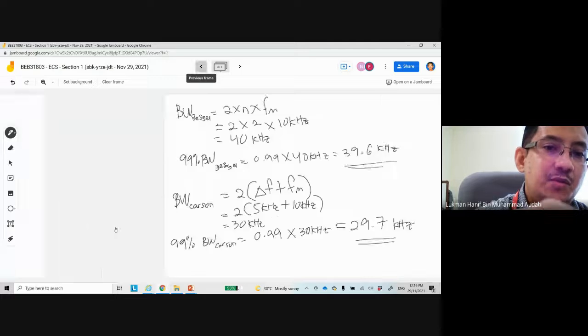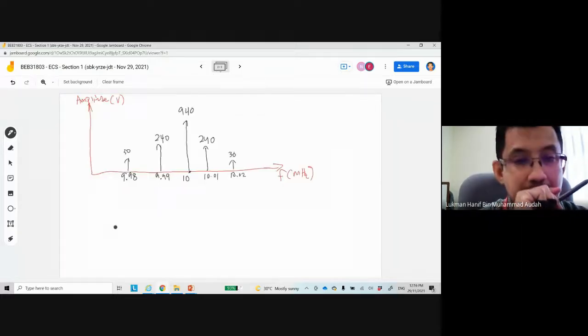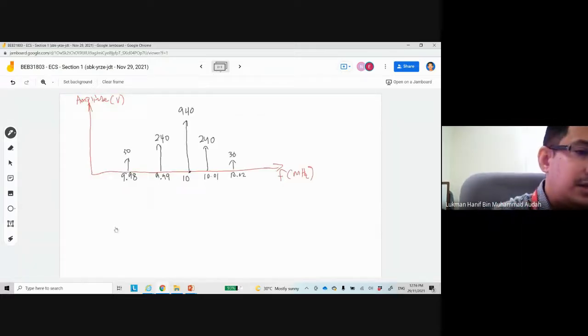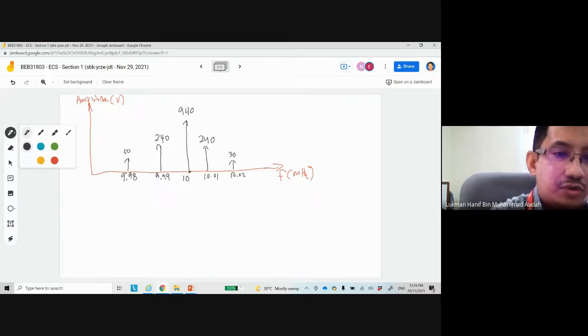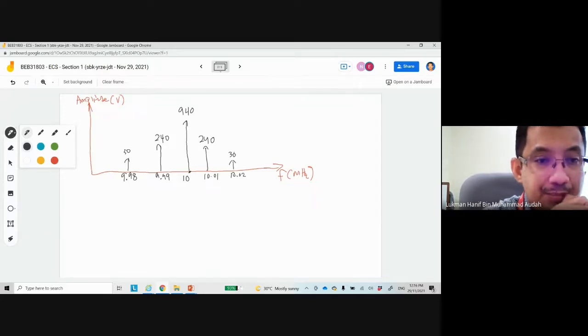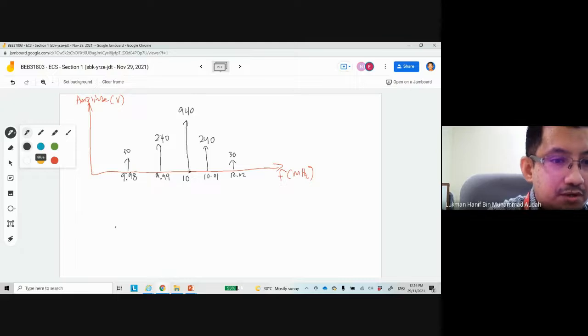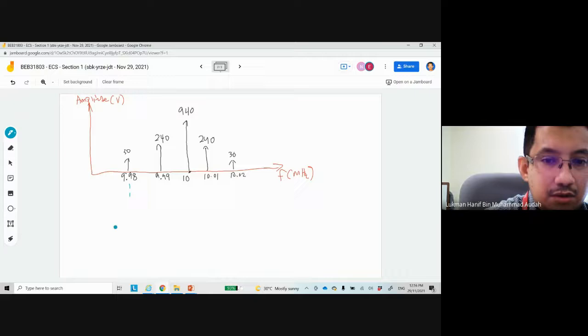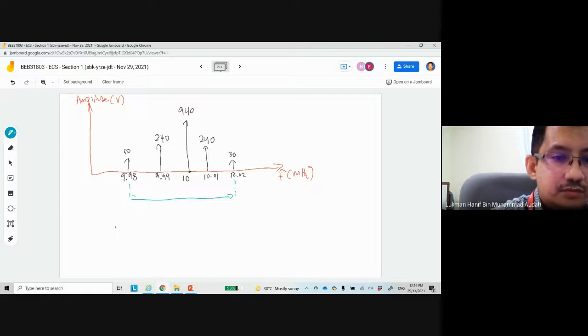That means we need to look from the spectrum. Okay, if we look at the spectrum, just a moment. This is what we drew earlier. So if you look from here, you see that this is 20 and 20.